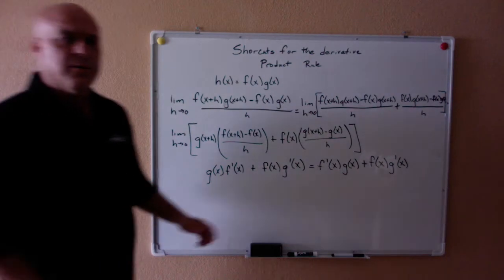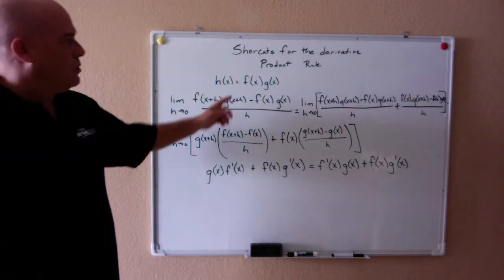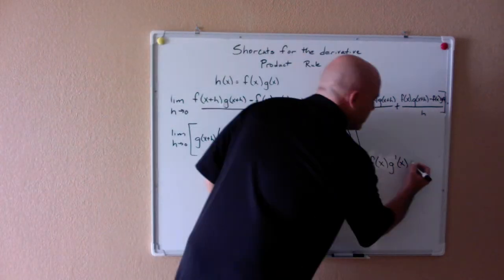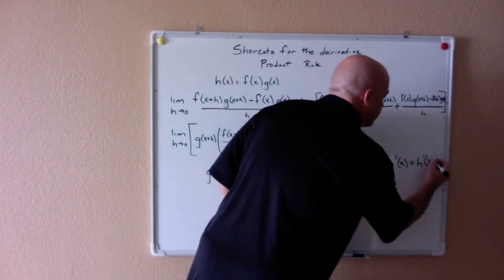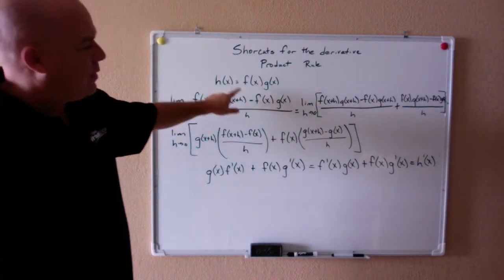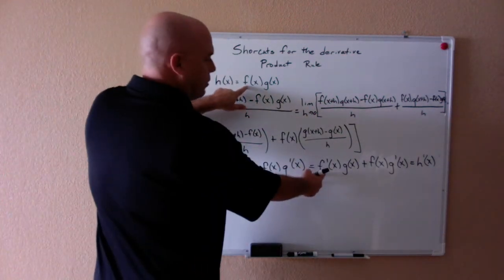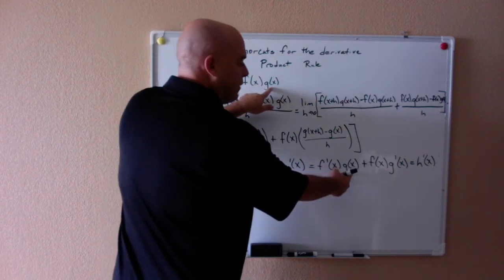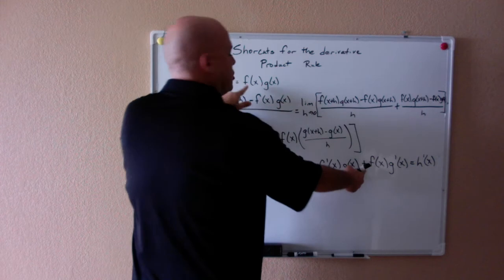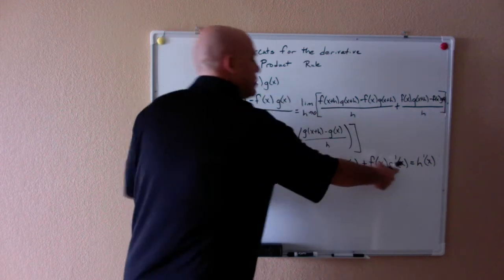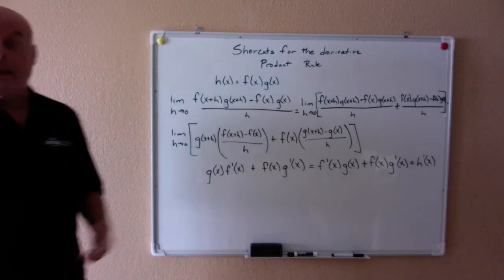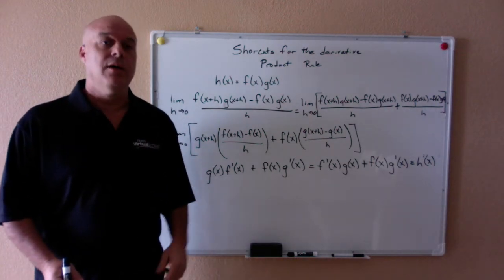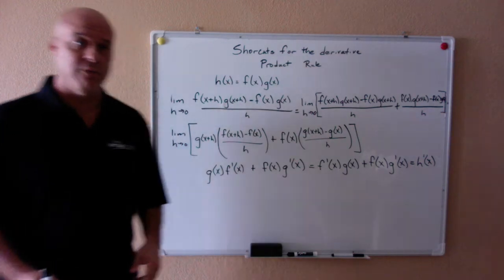The fast way that I always remember this: if you want to take the derivative of two things that are being multiplied together, so this is h prime, then I take the derivative of the first function multiplied by the second function, and then add that to the first function times the derivative of the second function. And that's what our product rule is. Derivative of the first times the second plus the first times the derivative of the second.